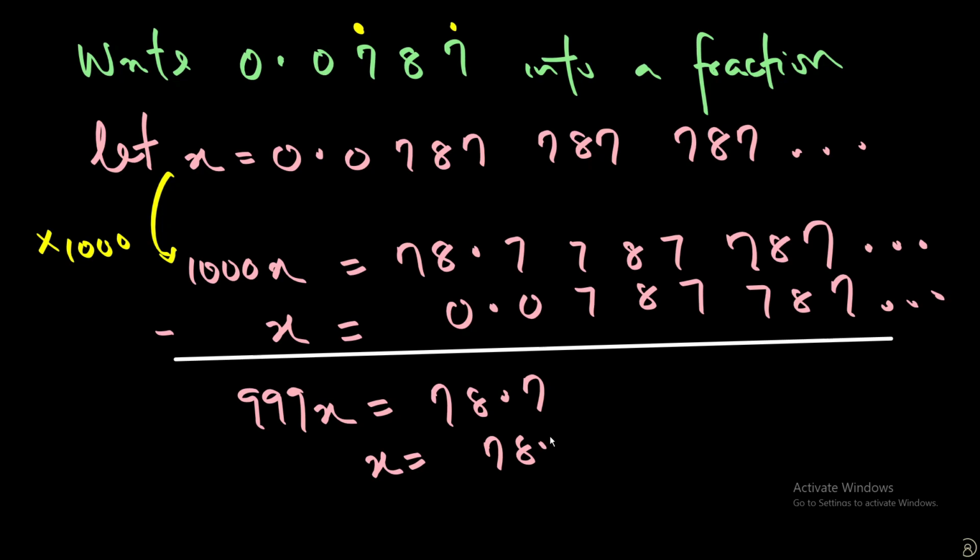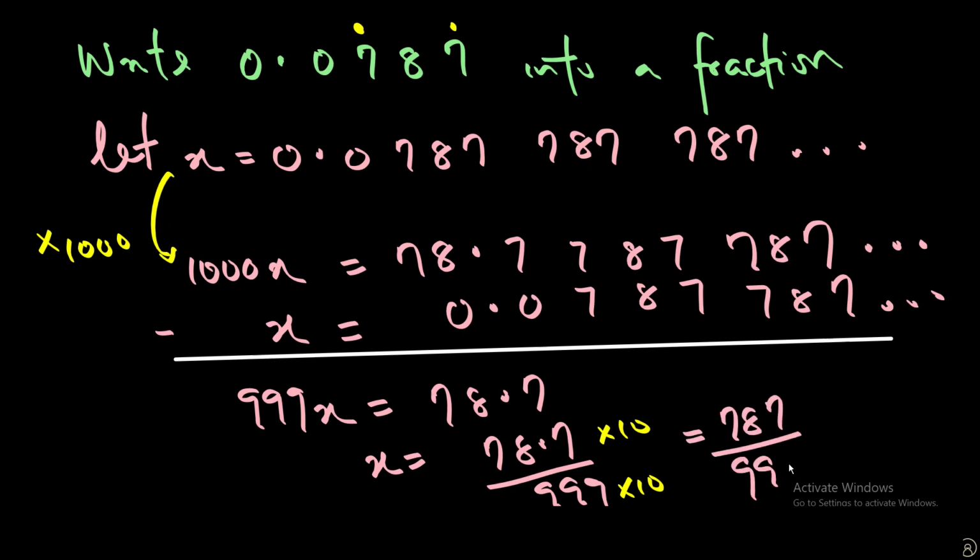Just to make the top numerator a whole number, we can multiply it by 10, and also multiply the bottom by the same. So that's going to be 787 divided by 9,990. Whether this can be simplified, you can decide. But as a single fraction, that will be 787 over 9,990.